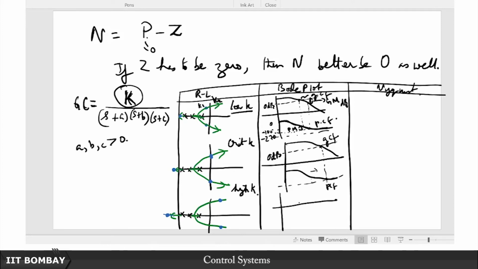Then, well, bad luck, your gain crossover has now moved to the right of your phase crossover. So this is where your new gain crossover frequency will be. Of course, the phase plot remains unaffected as before. So this is where your minus 180 degree crossing happened.